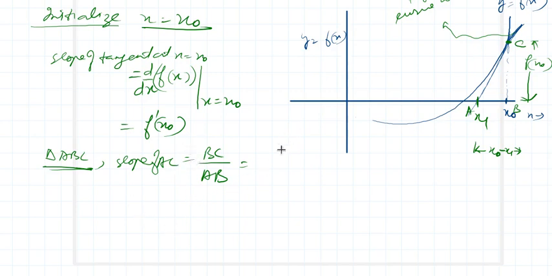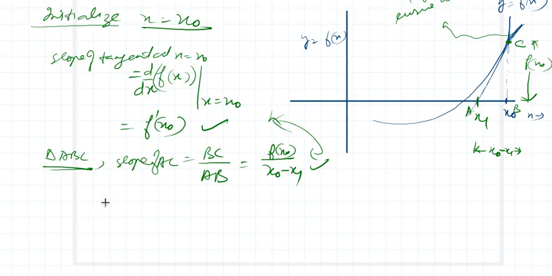So what is it? It is f of x naught divided by x naught minus x1. So these two are representing the slope of the same line. If both are representing the slope of the same line, then we can equate these two.